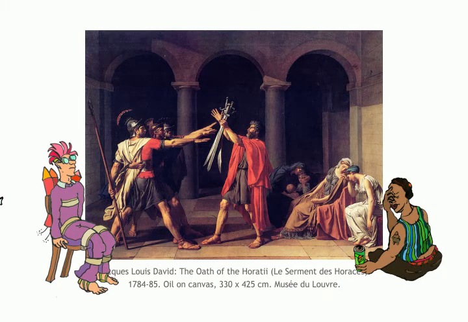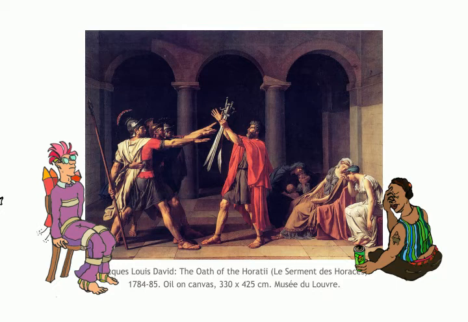Plus, they're going off to kill 3 guys from Alba Longa, and actually these 3 women are, one of the 2 Horatio's sisters was actually the fiancée.